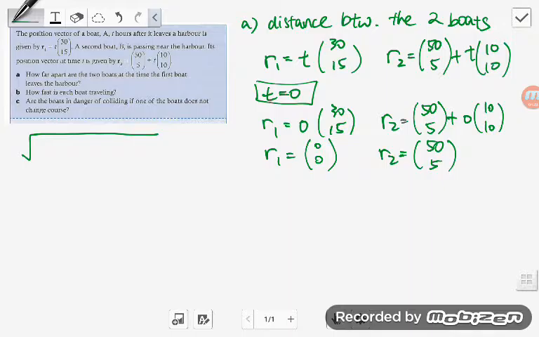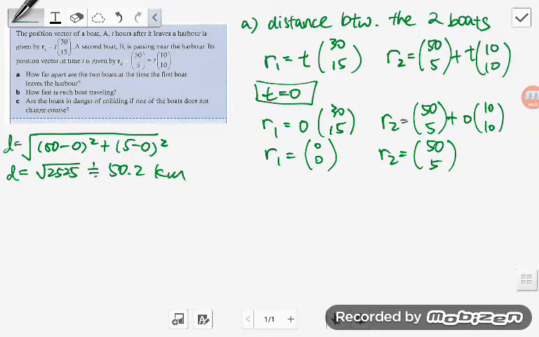So what I have here would be the square root of (50 minus 0) squared plus (5 minus 0) squared, which is the square root of 2525. If you use a calculator, that is approximately 50.2 kilometers, assuming that's the unit. So that's my part A.